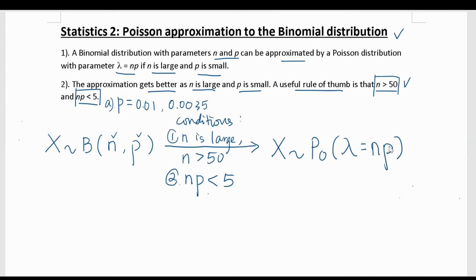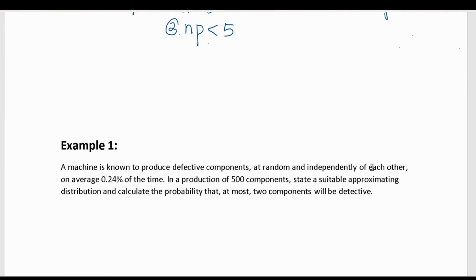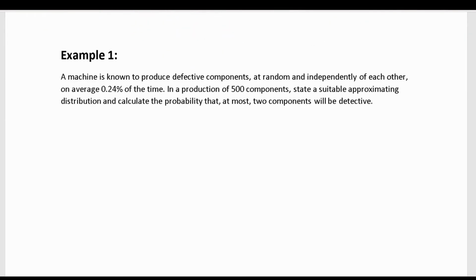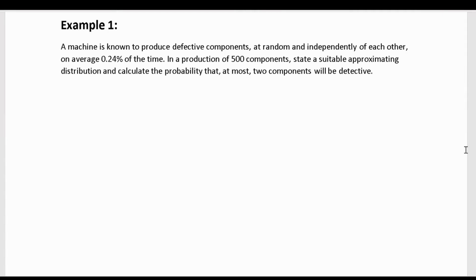Now let us look at an example. Example 1: a machine is known to produce defective components at random and independently of each other, on average 0.24% of the time.